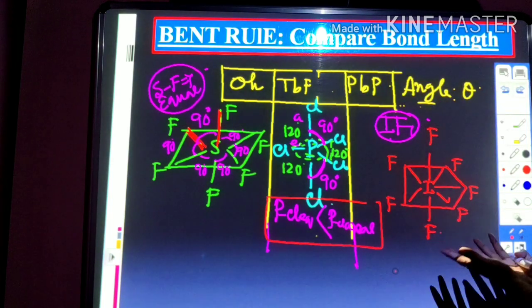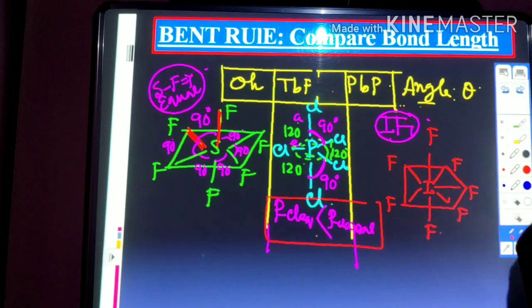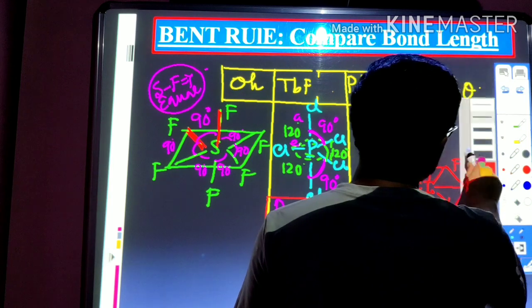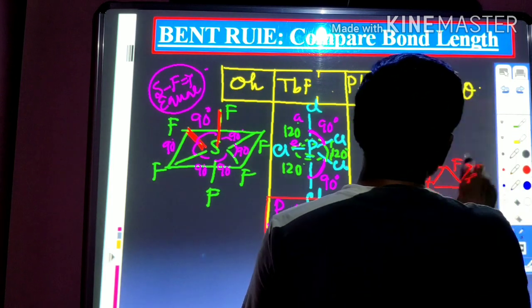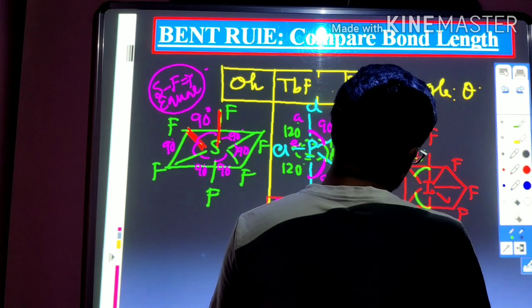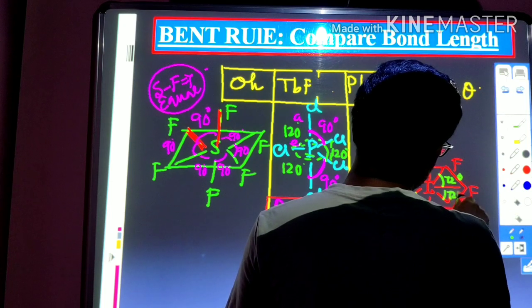In pentagonal bipyramidal geometry, the scenario will be different from this case. Let me first write the angles. Here, this angle is 90 degree, and here all the angles are 72 degree.